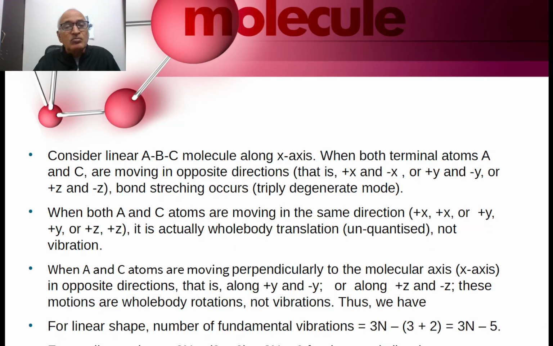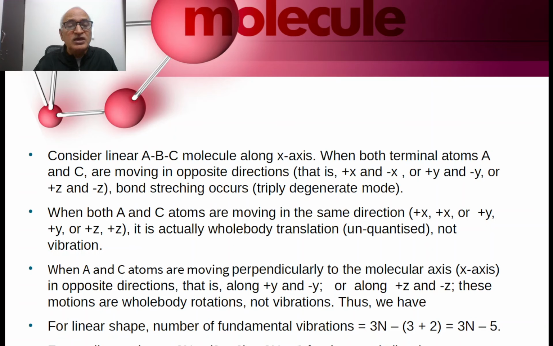Suppose both atoms A and C are moving in the same direction, plus x or plus y or plus z, then these three modes will be whole body translations, not quantized, not vibrations. These are simple translations.